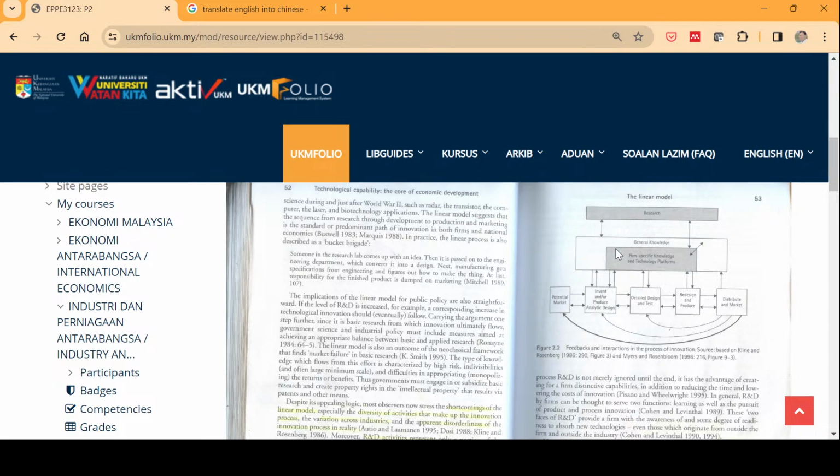Starting with the potential market survey, market research, they do a research study on whether the product can sell or not, and then move on to invention, to produce the prototype model, and test it, and then production, and distribute to the market.